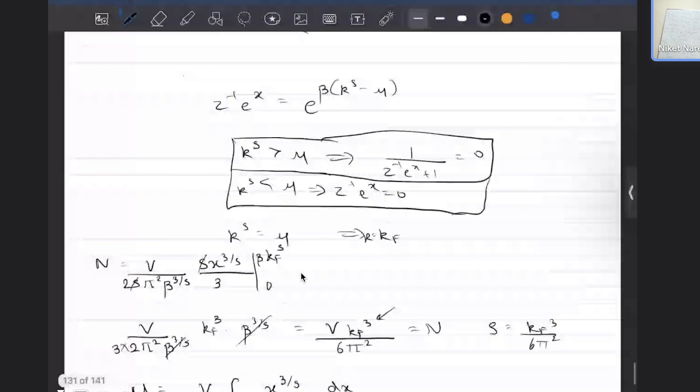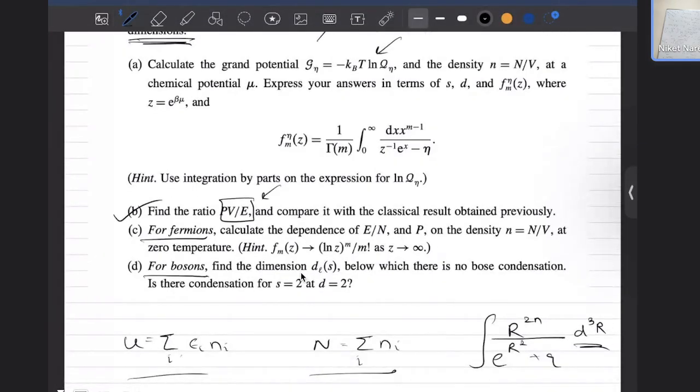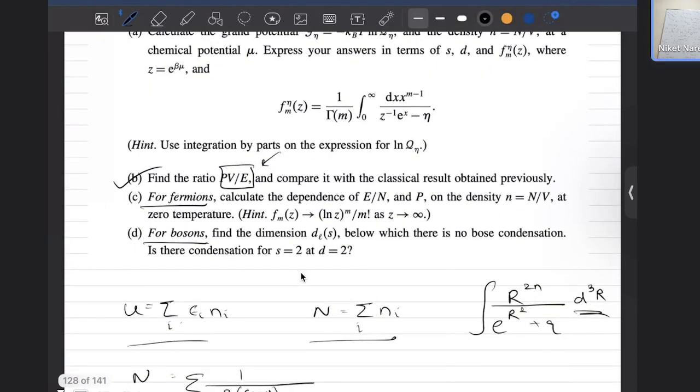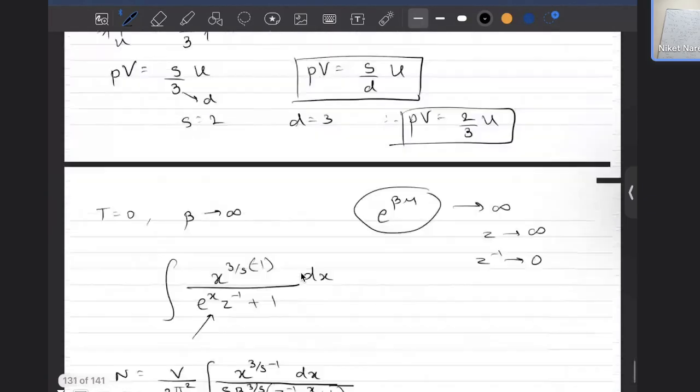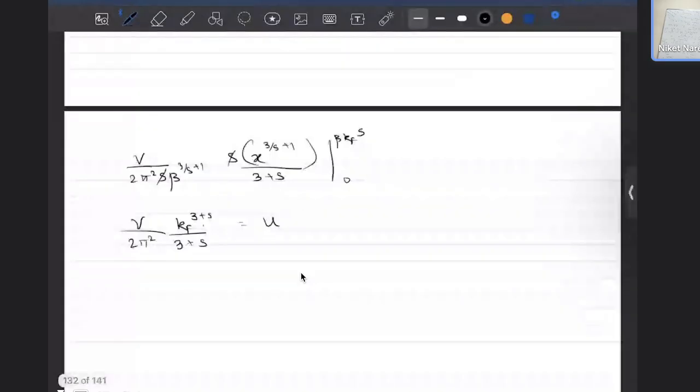By the way, what is the question? What do we want to evaluate exactly? Calculate the dependence of E by N and P on the density. Okay. So E by N density now we can clearly talk about here.